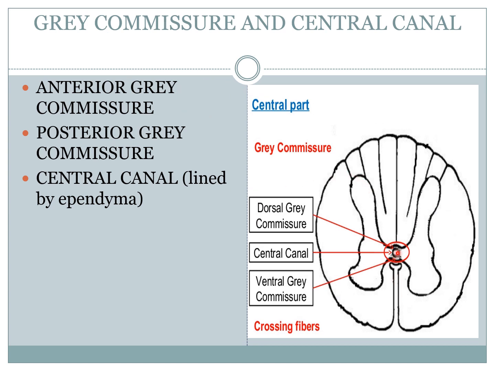The region which connects the anterior and posterior horns on each side is called the gray commissure. In the center there is the central canal, and anteriorly there is the anterior gray commissure, and posteriorly there is the posterior or dorsal gray commissure.